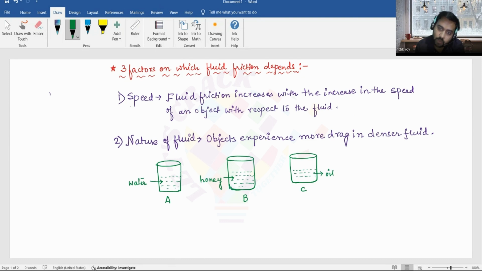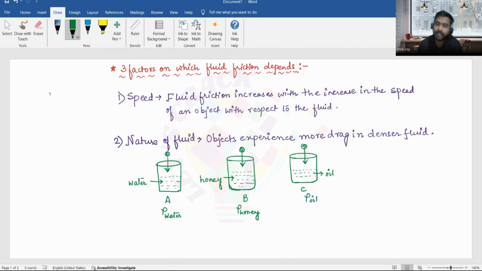Now I am taking an object and I am just throwing it inside the container. Suppose the density of water in this case is W, the density of this is honey, and suppose the density of this is oil.